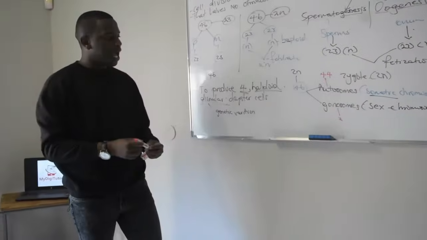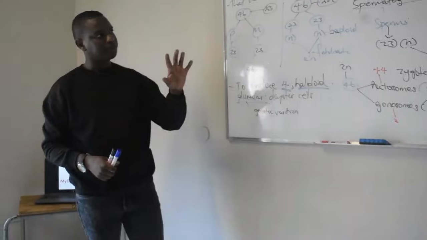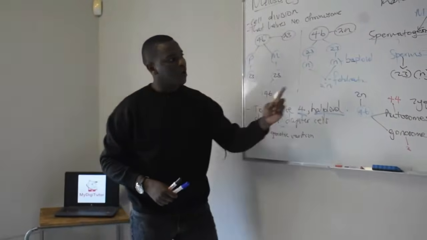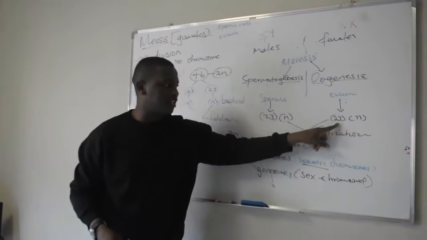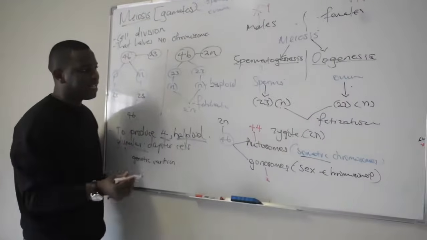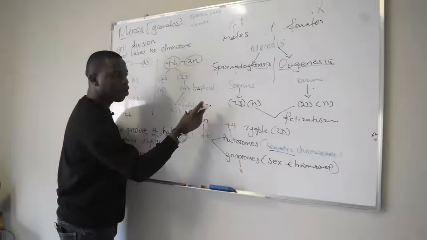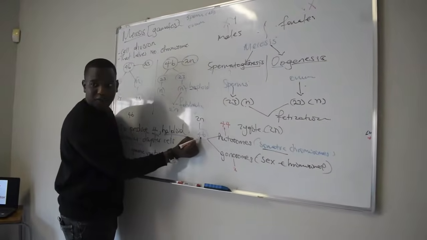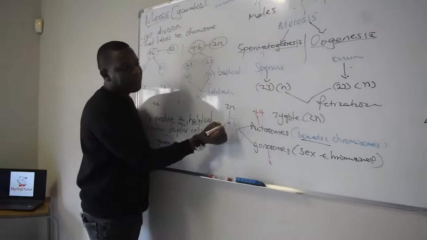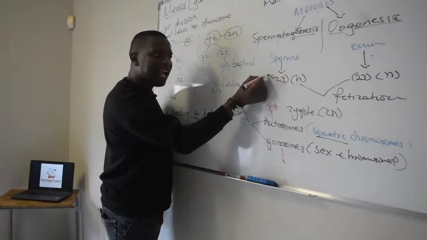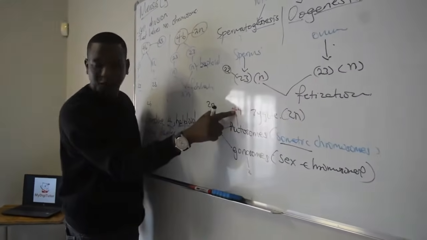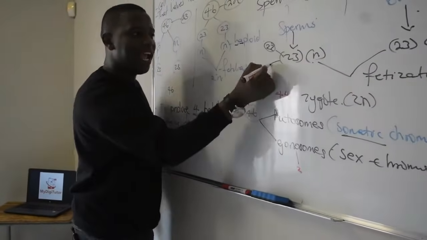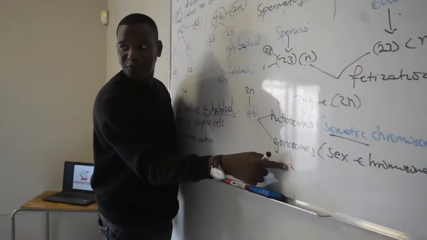Right. Now, when meiosis occurs, let me explain this. When I say we have 23 here, and I say we have 23 here, this tells me that this 23 is half of this 46. That means in this 23, I have 22, which was halved from the 44, and I have 1, which was halved from the 2.